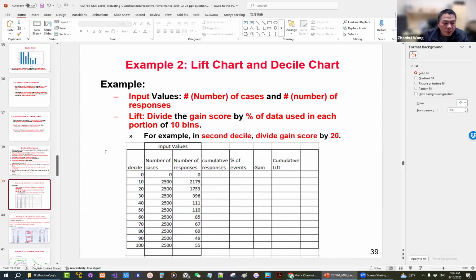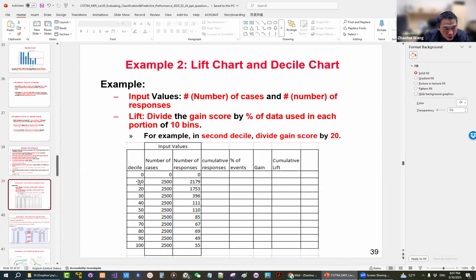So here we have an example for the creation of the lift chart and the decile chart. We have the input: the number of deciles. We have totally 10 deciles. One decile has 10 percent of the records, and there are totally 25,000 cases. The first row is 0.